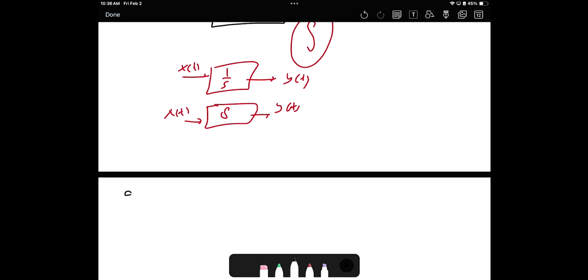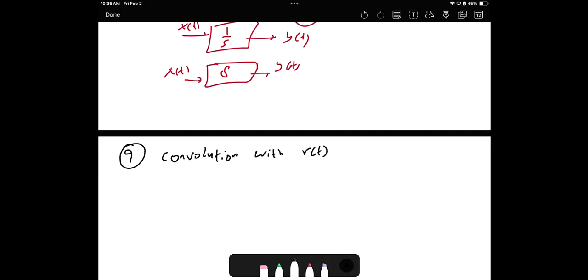Let's go to property number 9, which is convolution with r of t. How can we do the convolution with r of t? As we know, r of t is the integral from negative infinity to t of u of tau, d tau, and it can be represented as t u of t.